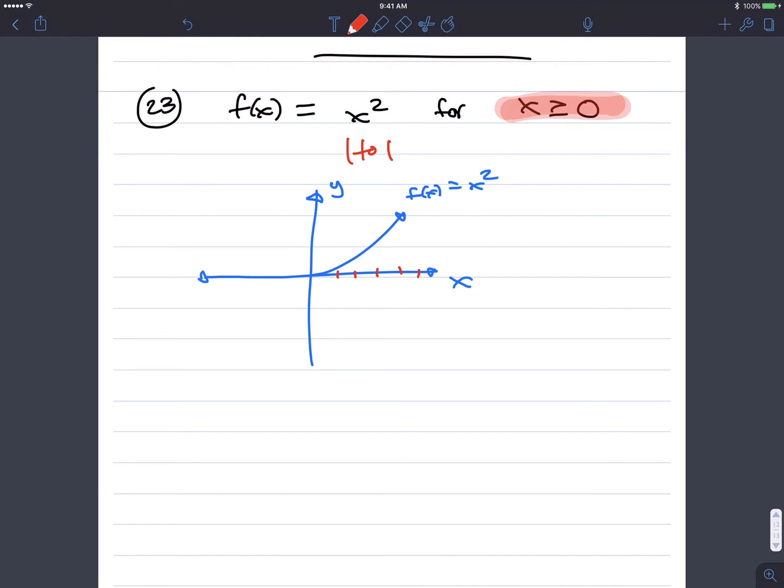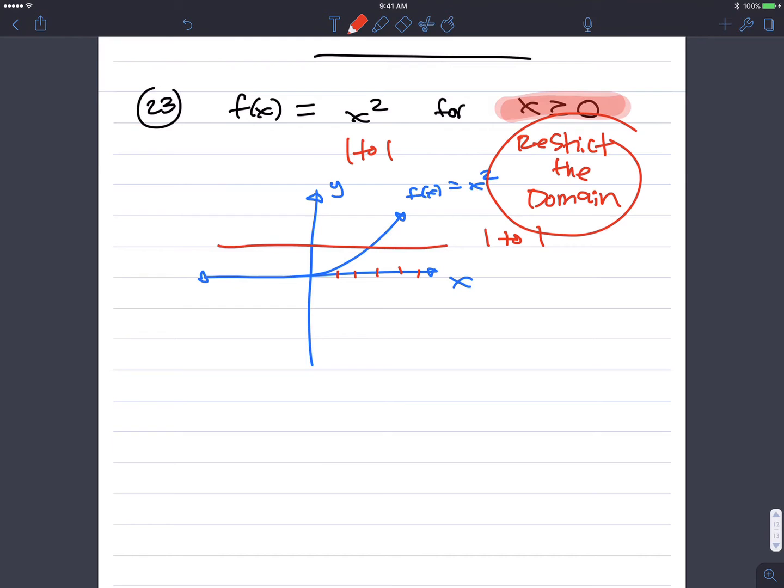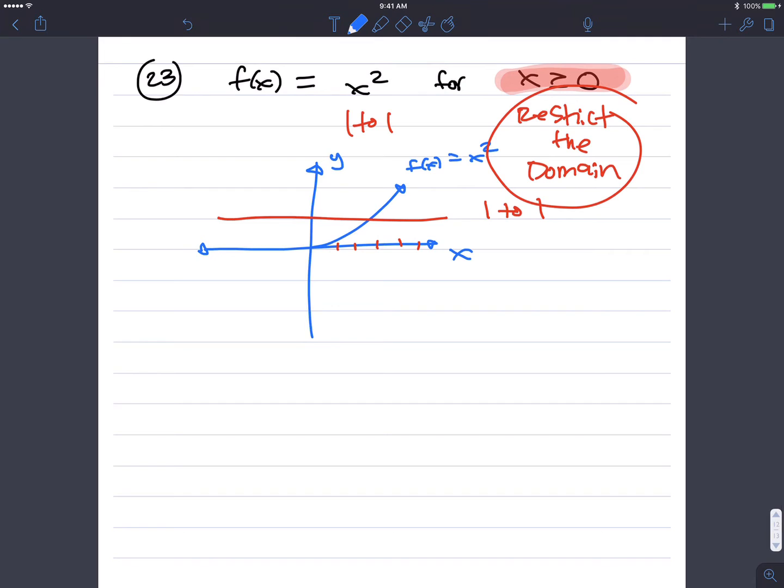Because you now have a very nice what? 1-to-1 function. What this is known as, they restricted the domain. Meaning they restricted your domain so that this curve is 1-to-1. And why should it be 1-to-1? Because you're looking for its inverse.